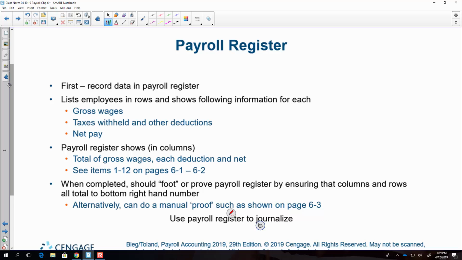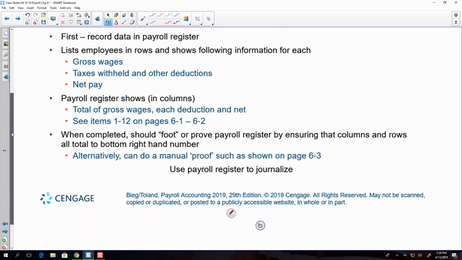But I did want to mention here, it's something that we don't always hear, is that the bottom total row, we have to prove out our column totals to our row totals, and the goal is here, if you can get to that net pay both ways, going across the rows or going up and down the columns, that's called footing or proving your register.